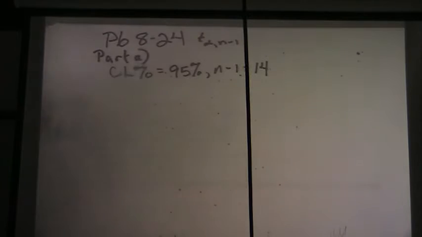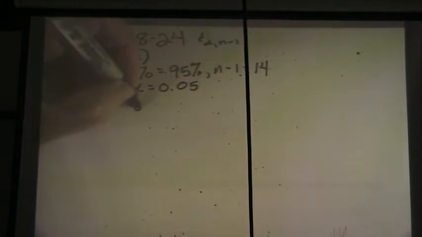All right, so the confidence level at 95% implies that alpha equals 0.05. Therefore, we are going to be looking for T of 0.05 with 14 degrees of freedom. Right? Again, this is one-sided confidence intervals.